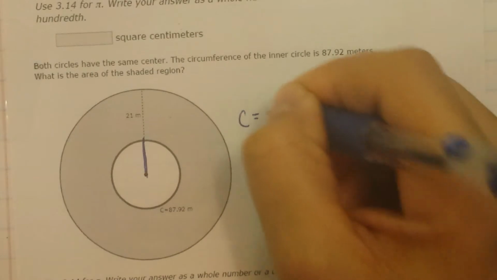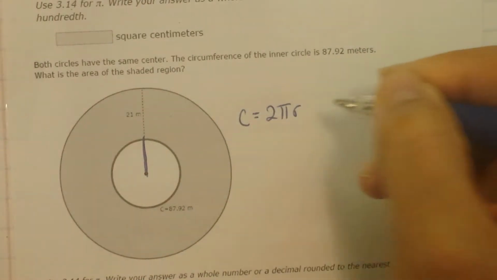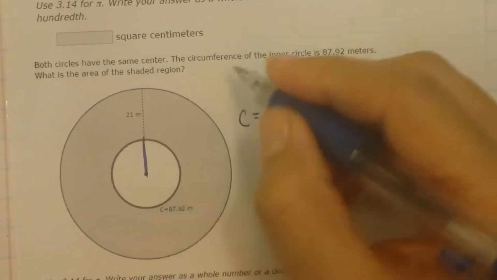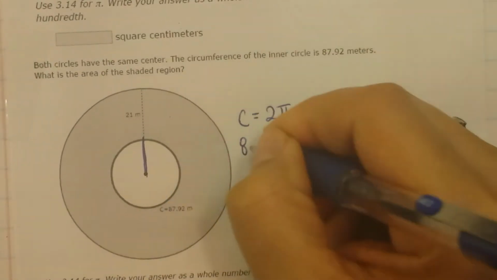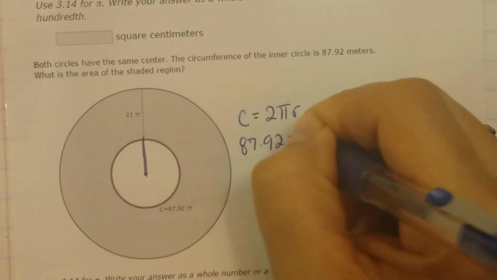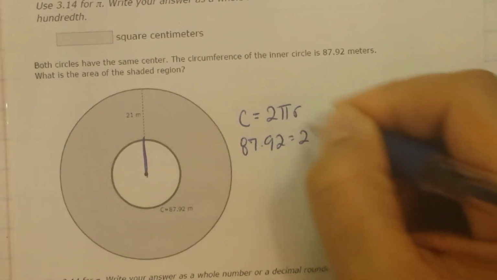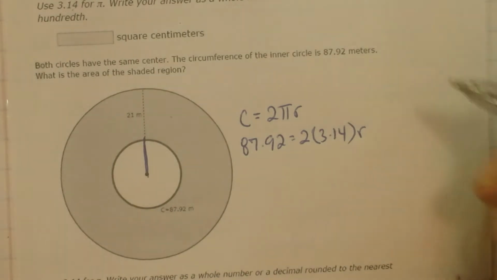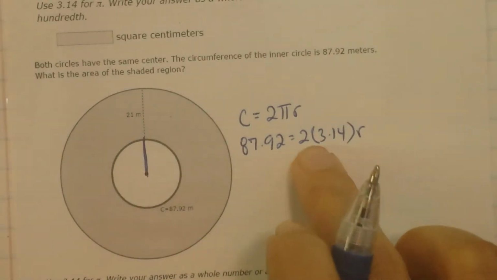Circumference, remember, is 2 pi r. This is like a working backwards question. So 87.92 equals 2 times pi, which is 3.14, times the radius. Let's multiply 2 times 3.14.